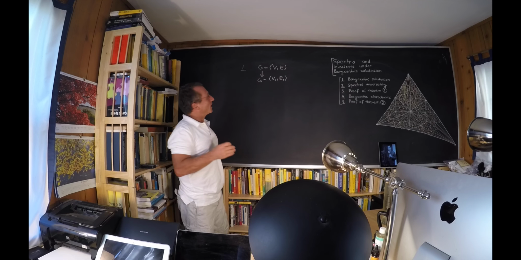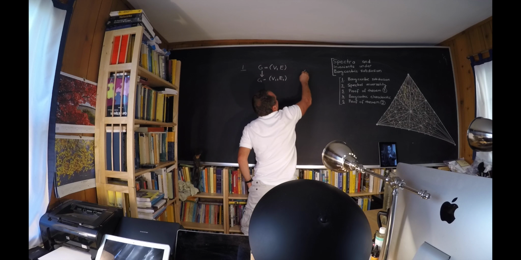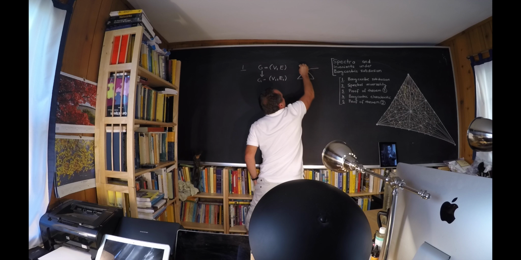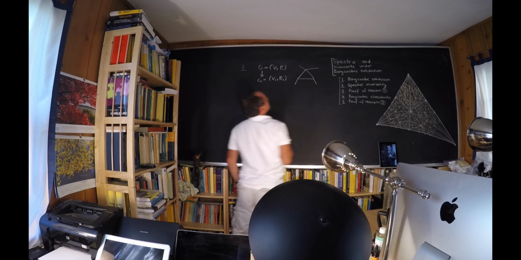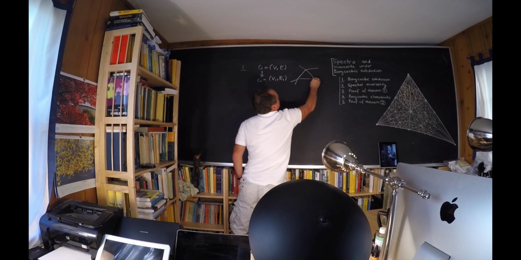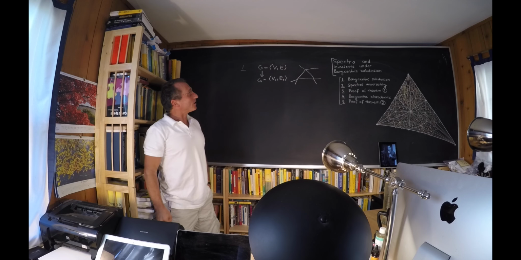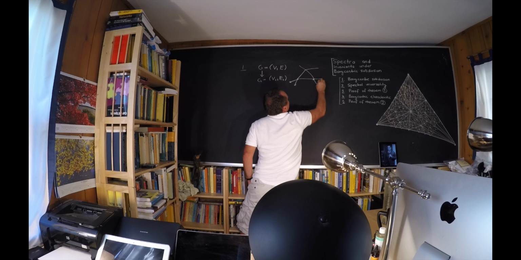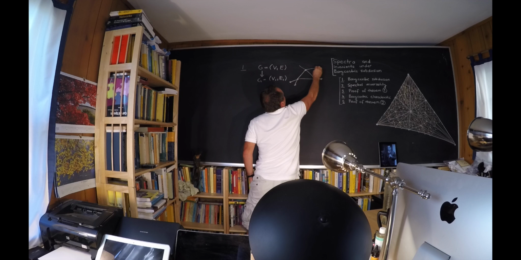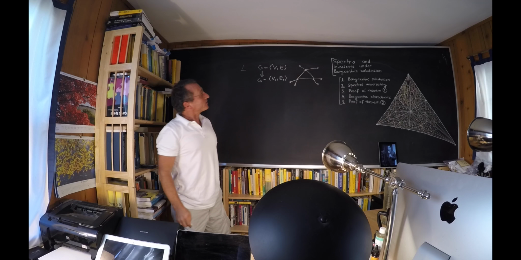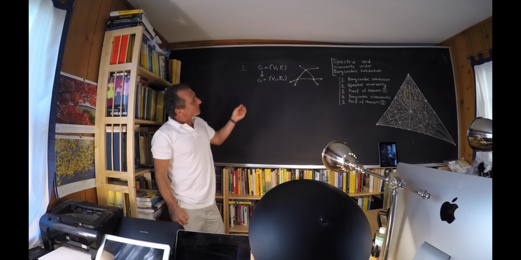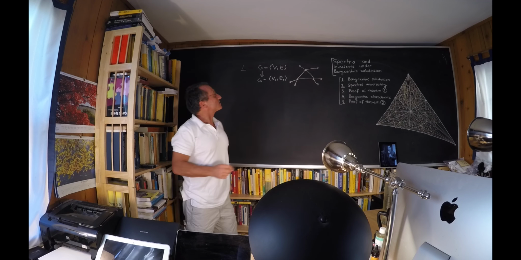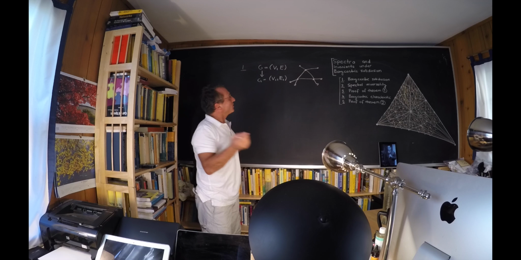So let me give you an example. So we have a graph here. Example of a graph. It's finitely many vertices and edges, and we look at all complete subgraphs, and we mark them with a new point.